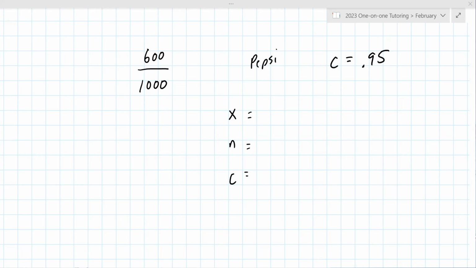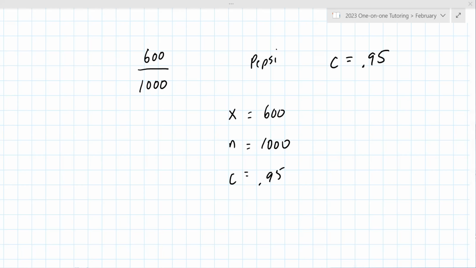X is 600. N is 1000 and C is 0.95. Okay, very similar to the last one, but different numbers for X and N. Go ahead and calculate that whenever you're ready.